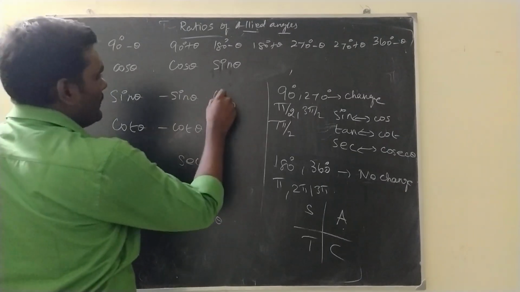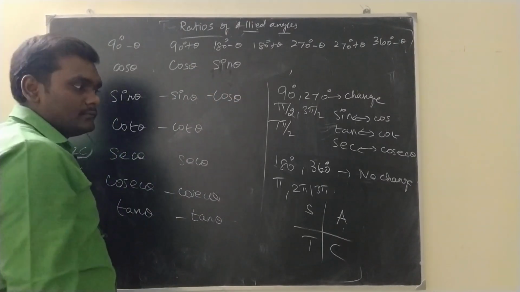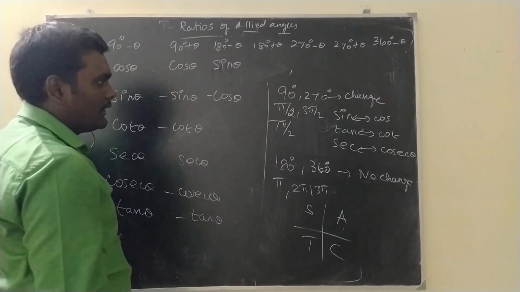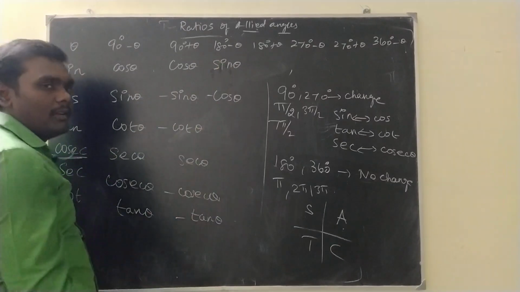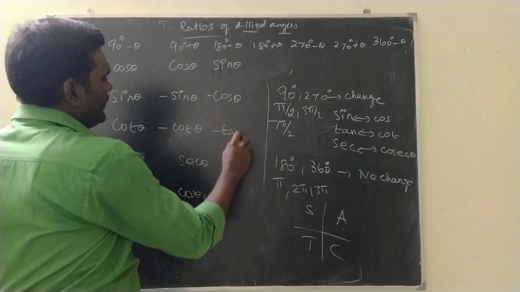No change. So sine will stay as sine itself with the positive sign. Then cos 180 degree minus theta, no change. Cos will stay as cos theta itself but negative. Why? Because sine territory, cos is negative. Then tan 180 degree minus theta, what is that? Minus tan theta. There you go.